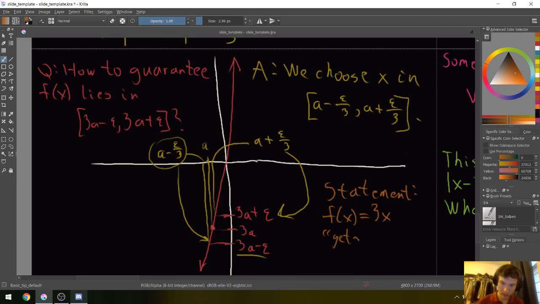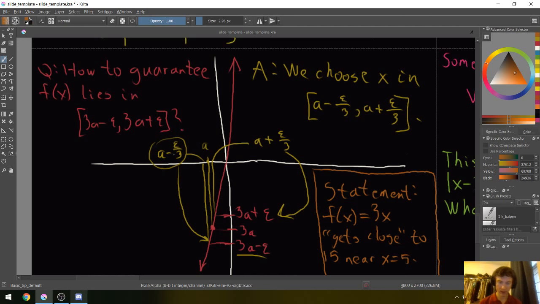I'm putting "gets close" in scare quotes because that has no mathematical meaning. Our problem was to take this sentence, which is meaningless because these are just English words, and give it mathematical meaning, the statement that 3x gets close to 15 near x equals 5.